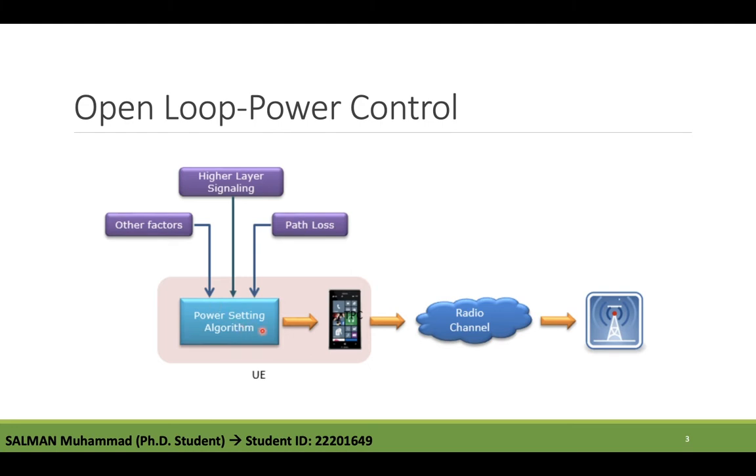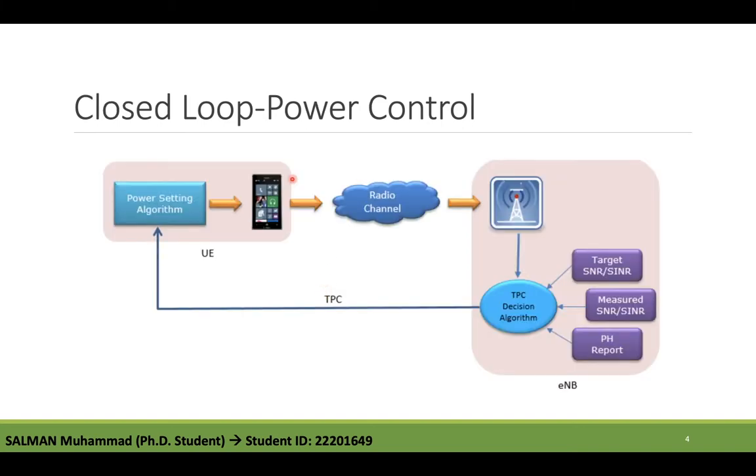This power setting algorithm takes many inputs, but all of these inputs are from the user equipment's internal settings or measurement data by the UE. There is no feedback coming from the base station. One of the most common examples of open loop power control is the physical random access channel, which we also call PRACH.